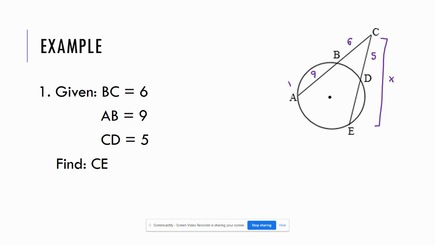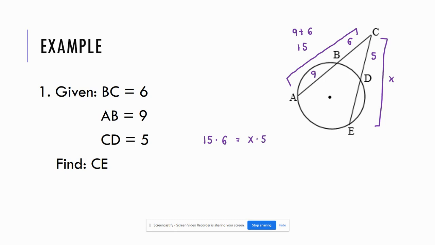However, because I'm given what each of those pieces are, together they form the whole piece. So we have to add those numbers together to find out that 15 is going to represent the whole piece. Our external part would be 6. So we'll have 15 times 6. Notice that x is representing the whole entire secant on the other side. 5 is its external part.